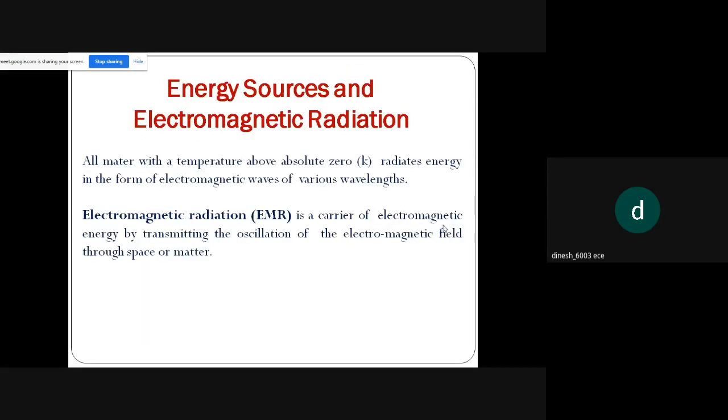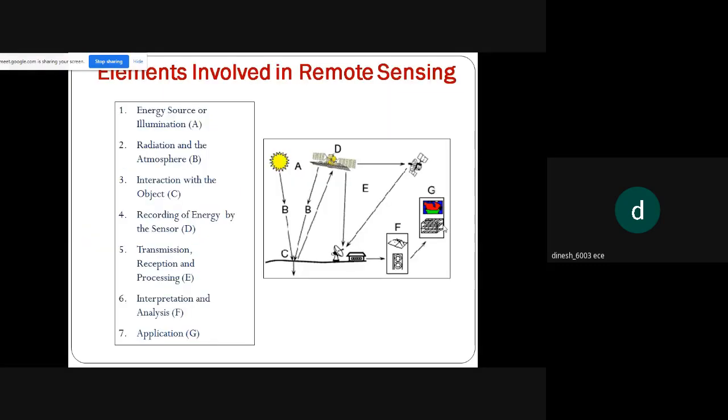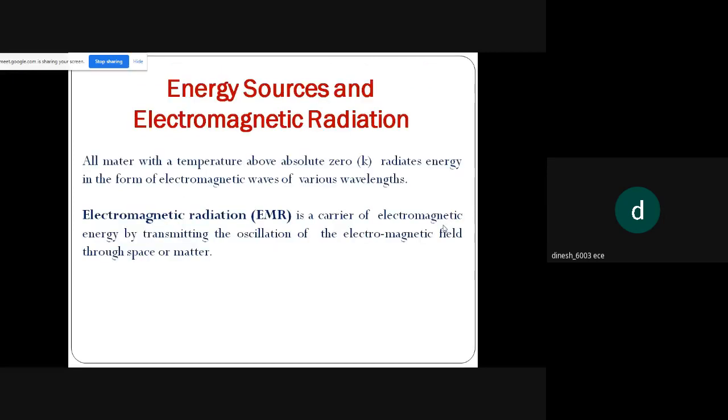So what are the energy sources? You can see energy sources or illumination. All matter with a temperature above absolute zero, measured in Kelvin, radiates energy in the form of electromagnetic waves of various wavelengths.